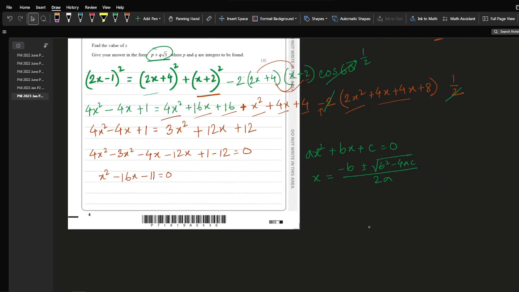Now x is equal to minus b, which is minus 16, so minus minus 16 here, plus or minus the square root of b squared, which is minus 16 squared, minus 4 times a, which is 1 here, times c, which is minus 11 here, divided by 2a, where a is 1.